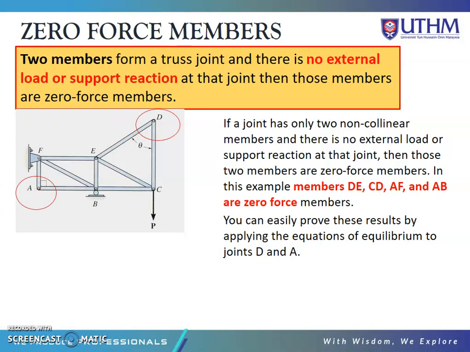You can easily prove these results by applying the equations of equilibrium at joint D and joint A. You guys boleh kira, kalau try summation of Fx equal to 0, you will get that these two members give zero force, and if you apply the equations of equilibrium at joint A, it will also give a value equal to 0.